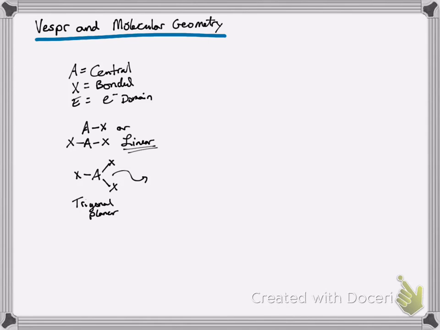If we remove an X, or we have one less bonded atom, we end up having an electron domain, or a lone pair, on A. And this is what we consider a bent structure.